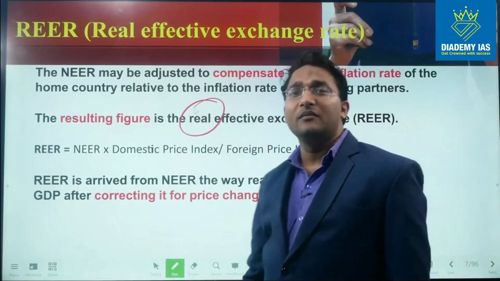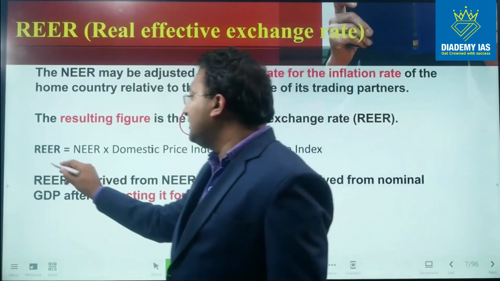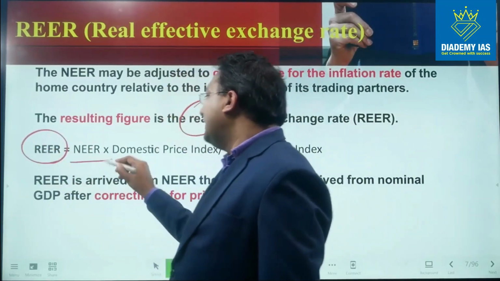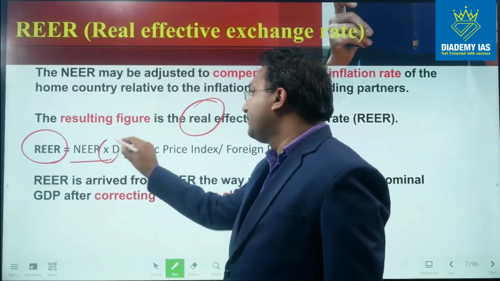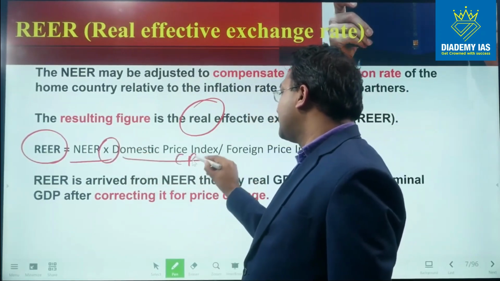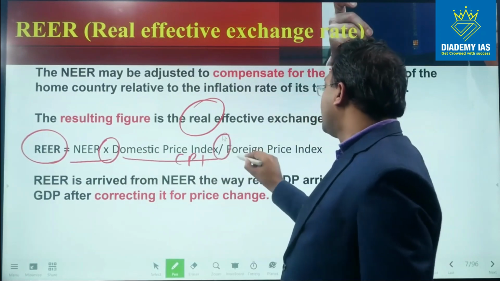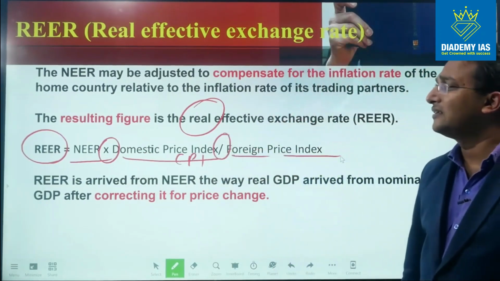So REER is equal to NEER, nominal effective exchange rate, multiplied by the domestic price index, that is the domestic consumer price index, divided by the foreign price index, that is the foreign CPI. So this is how we calculate the REER.